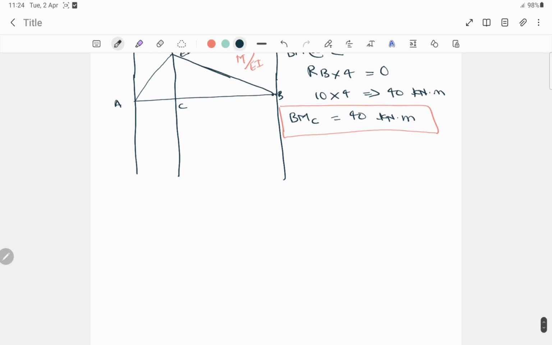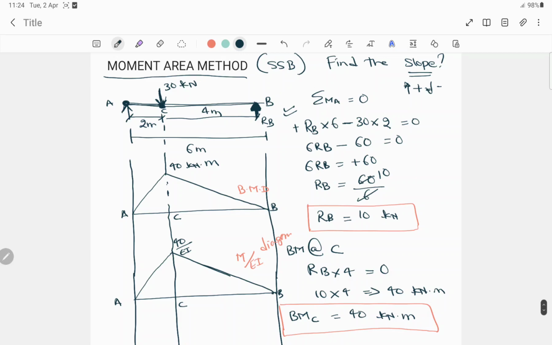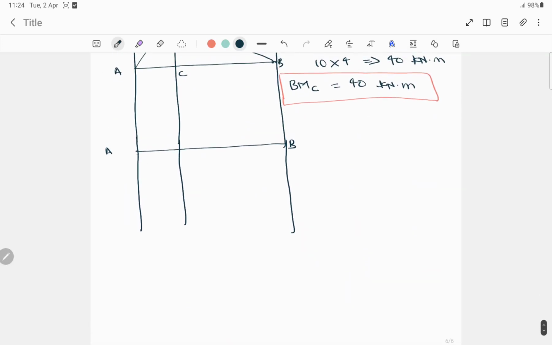Now we have to draw the elastic curve. To draw the elastic curve, this is A, B, and the elastic curve will be due to this loading. How will our beam look? It will bend like this, right?